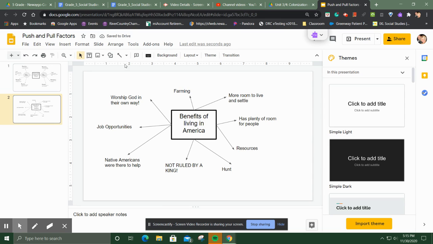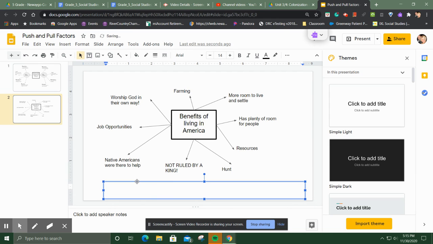Later on in the lesson, you are going to be asked to use this information, and you're going to be asked to write a 2 to 3 paragraph letter to an imaginary family member that lives in Europe.